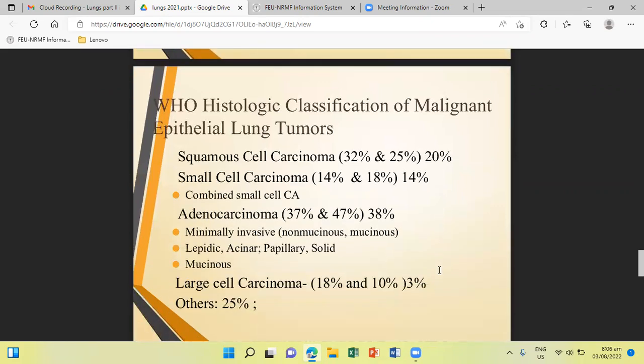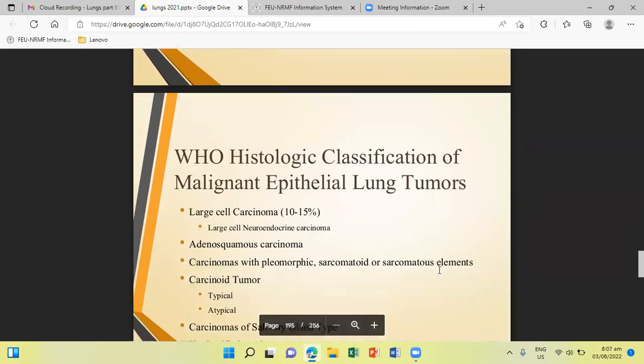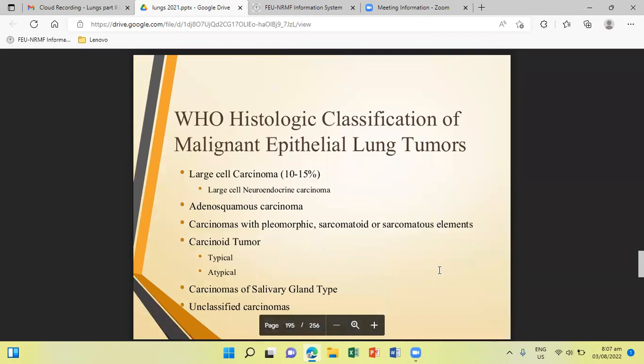If you go over your book, there are a lot of malignancies enumerated there, but I have arranged them from the most common to the least common. As you can see here, the most common is squamous, followed by small cell, followed by adeno, large cell, and the others.